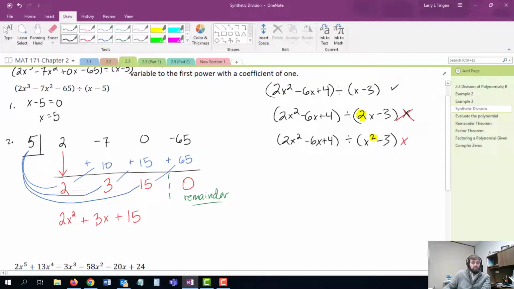And now, what do I get to do with all this information? Let's be consistent. Let's make sure everybody knows what's going on.